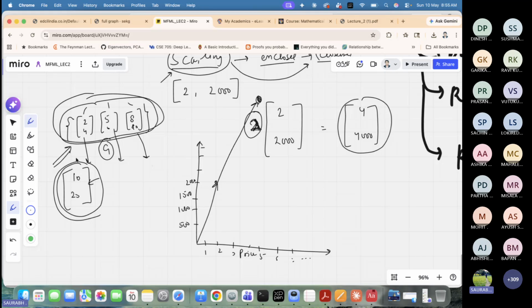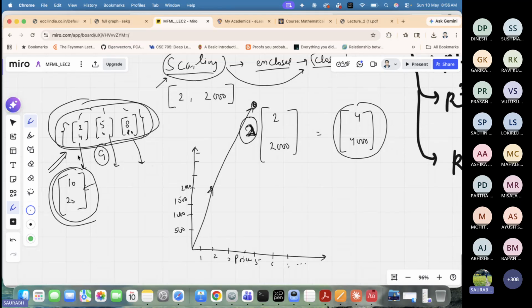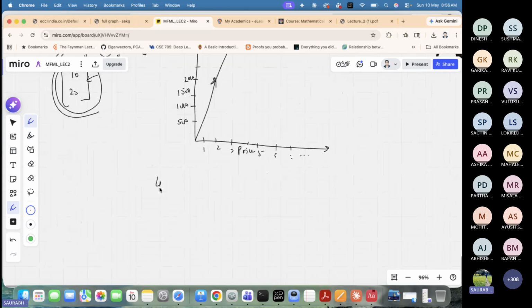So for a valid vector space, apart from the four axioms that we had, the scaling also needs to be enclosed.